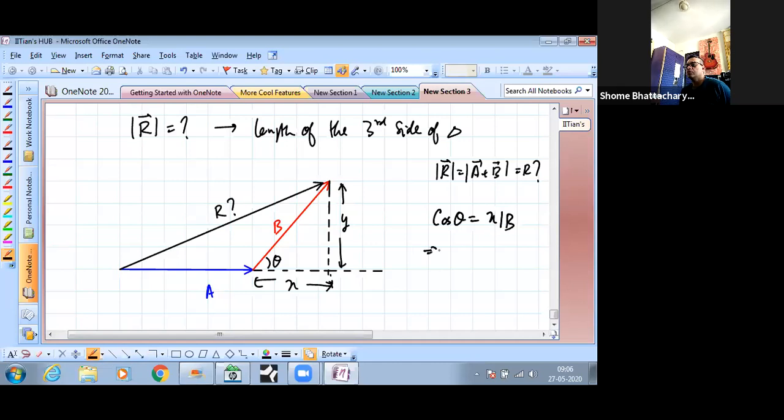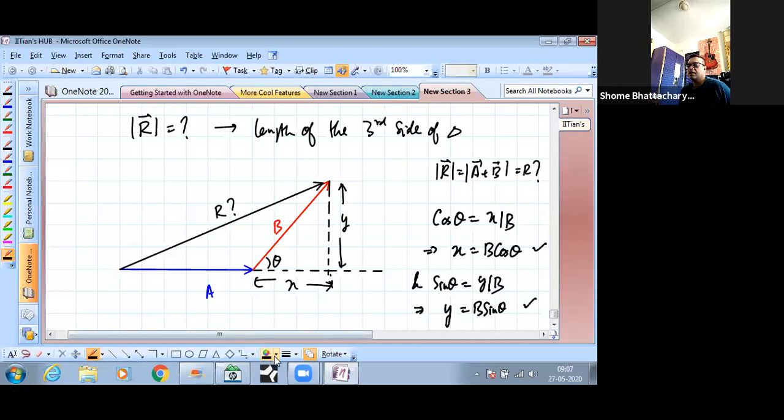So we can denote the quantity x over here as B cos theta. And similarly, sin theta is perpendicular upon hypotenuse. So we can denote the quantity y as B sin theta.